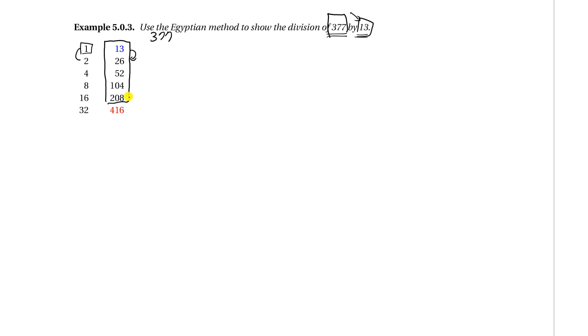Okay, so 208 and adding 104, we got 312, which is still less than that. Then we include those two. Then adding 52 there, altogether it is 364. That's good.